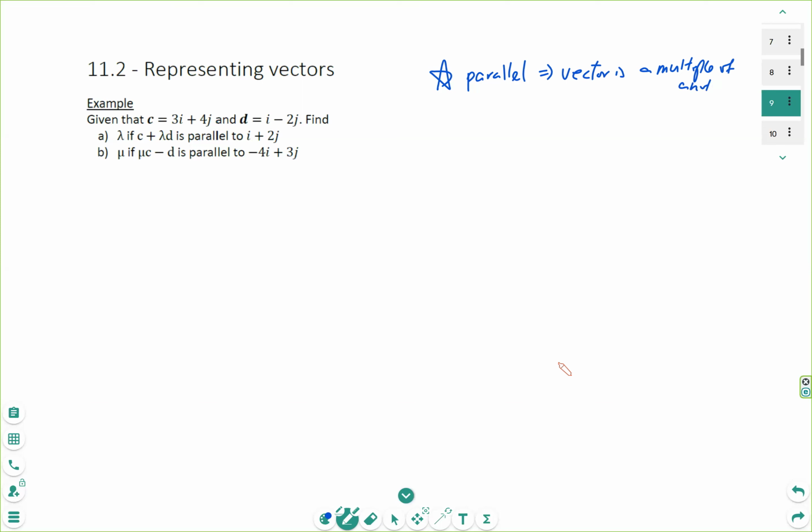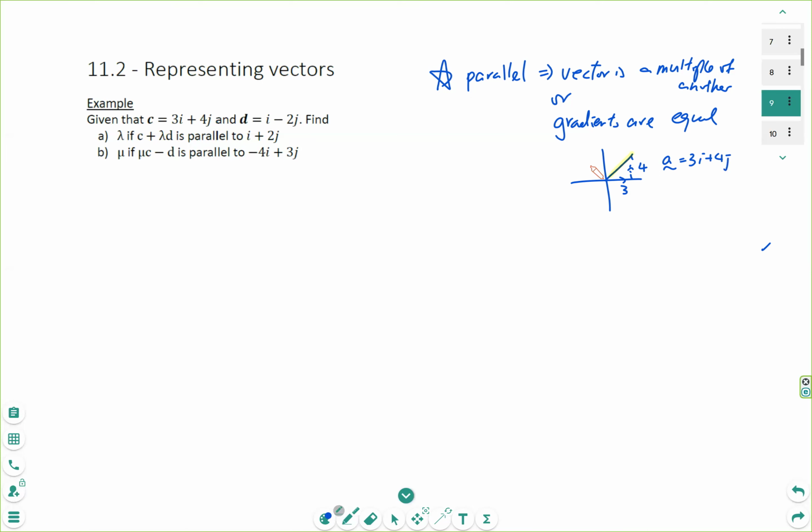Sorry about my scribbling, because I've run out of space to write. Or you can say the gradients are equal. Now, the question is, how do we find the gradient of a vector? If I give you A as 3i plus 4j, can you work out the gradient for this line?